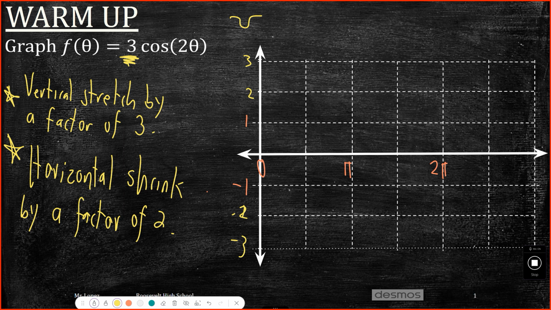Well, from 0 to pi you should be able to see a bird, and from pi to 2 pi you see another bird, and they've been stretched all the way to 3, and the bottom of the bird should be all the way to -3. There it is. So then just draw something going like this. There's one, and there's another one here.